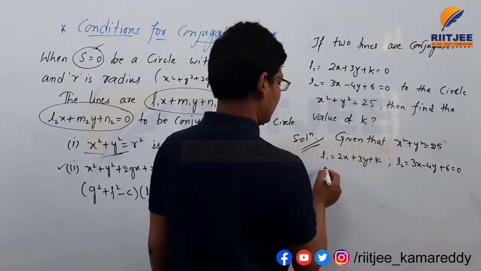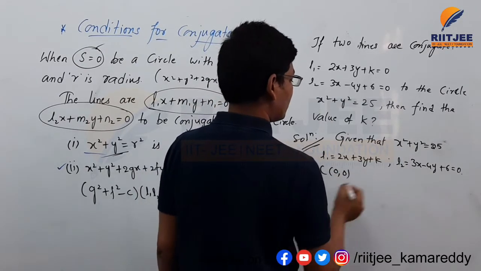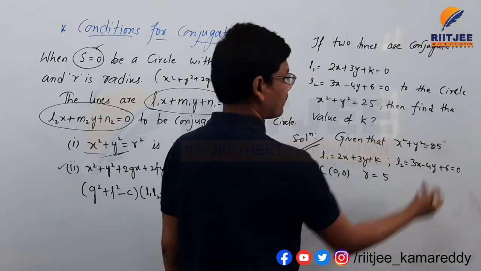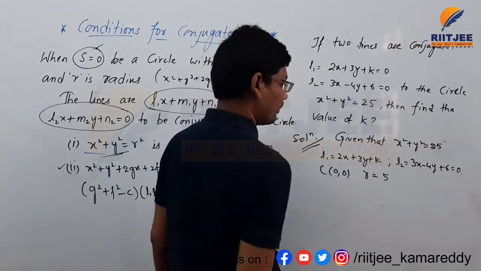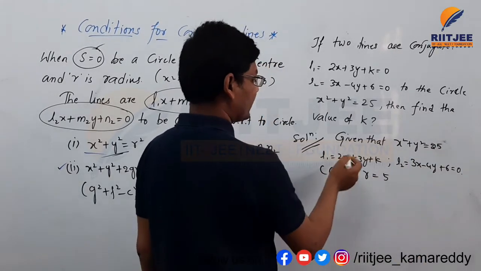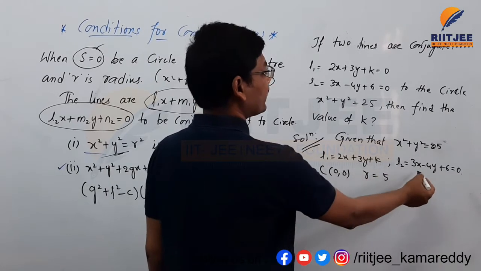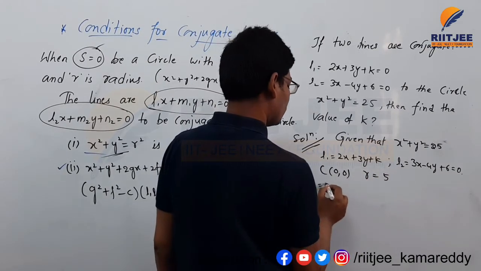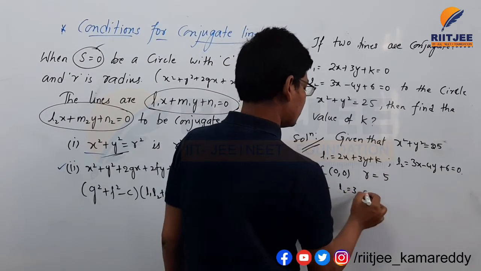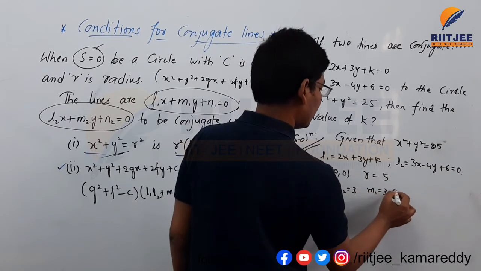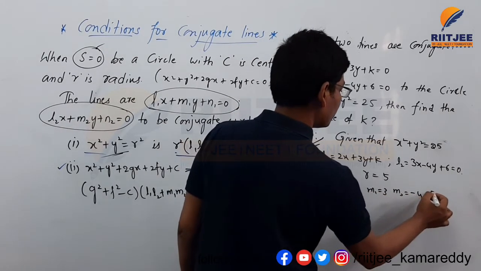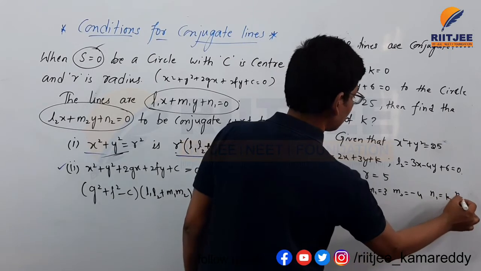From this, the center C is 0 comma 0 and r is equal to 5, since 5 square is 25. Here L1 is 2, L2 is 3, M1 is 3 and M2 is minus 4, N1 is k and N2 is 6.